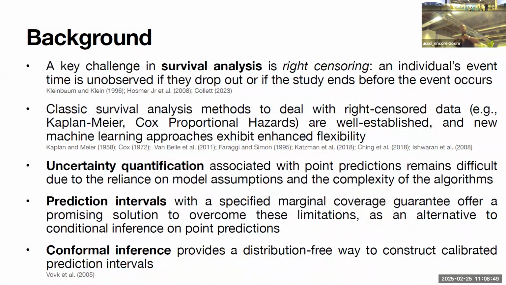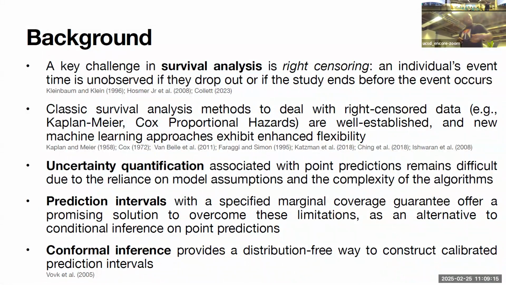Today, I'm actually going to focus on uncertainty quantification associated with point predictions, because this remains a difficult issue, particularly when we decide to move away from standard regression modeling and to use machine learning techniques to build prediction algorithms.